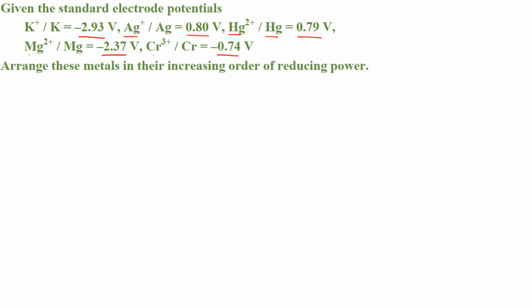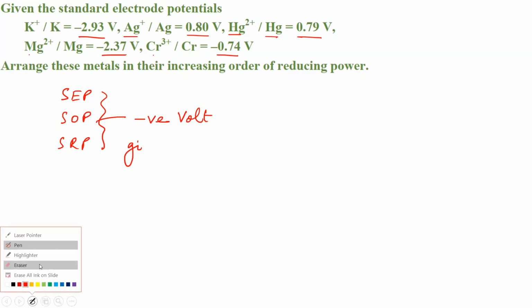Now see, in this case, what you have to see is if there is a minus sign here. For whatever reason, whether it is standard electrode potential, standard oxidation potential, or standard reduction potential, if there is a negative volt, that means we are giving electricity.